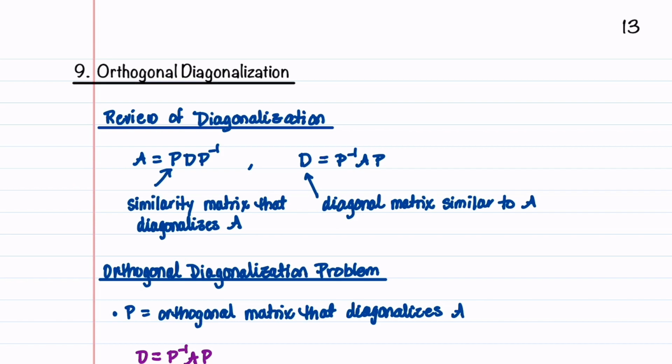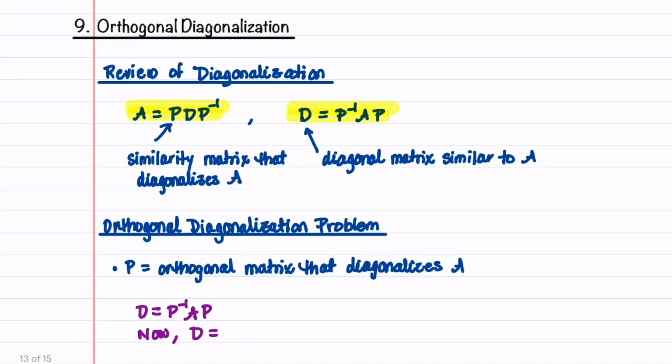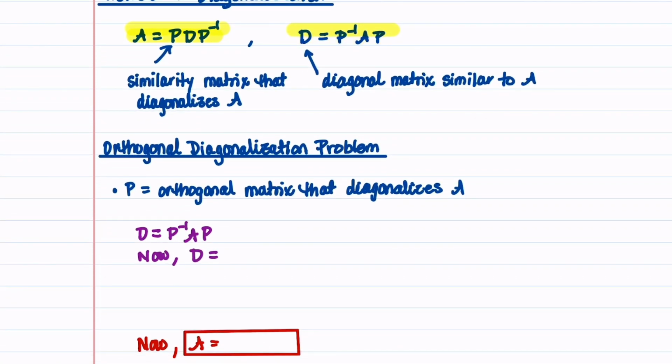To diagonalize a matrix, we're going to write it as A is equal to P times D times P inverse. P is a similarity matrix that diagonalizes A, and D is equal to P inverse A P, a diagonal matrix that is similar to A. When we orthogonally diagonalize a matrix, our job is to find P and D. Since P is an orthogonal matrix, we're going to replace P inverse with P transpose.